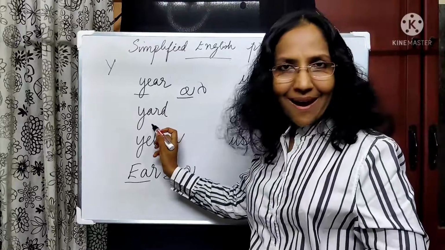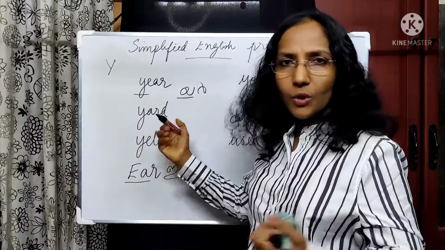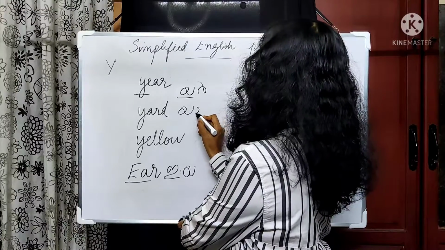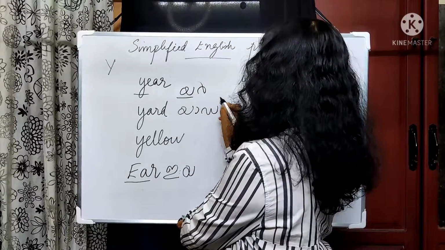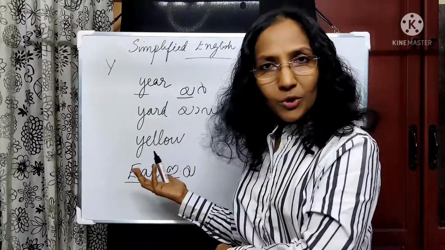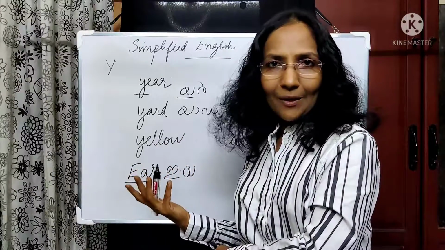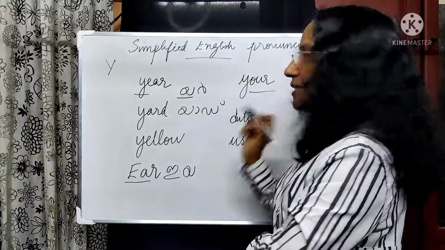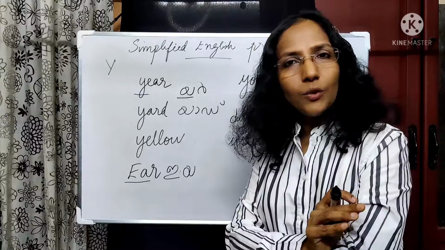Next is yard. It's known to us. How do we pronounce this? Yard. We know it. Next, it's again known to us. It's yellow. Okay, this one I've already told. What about this one? It's not your.